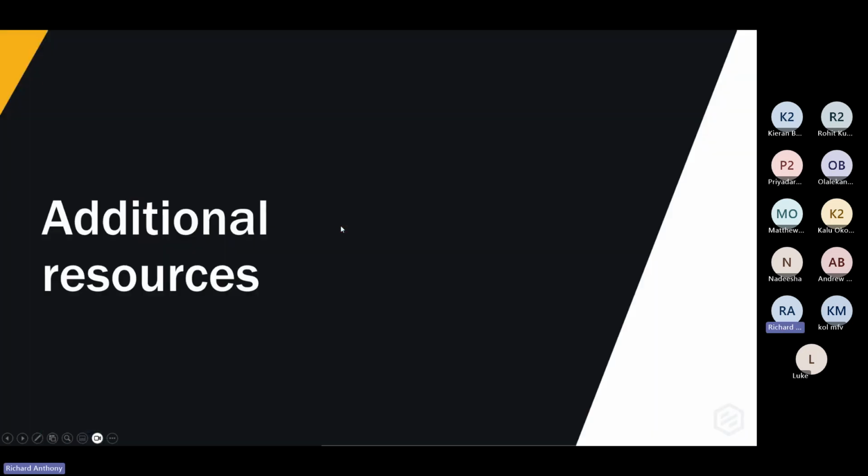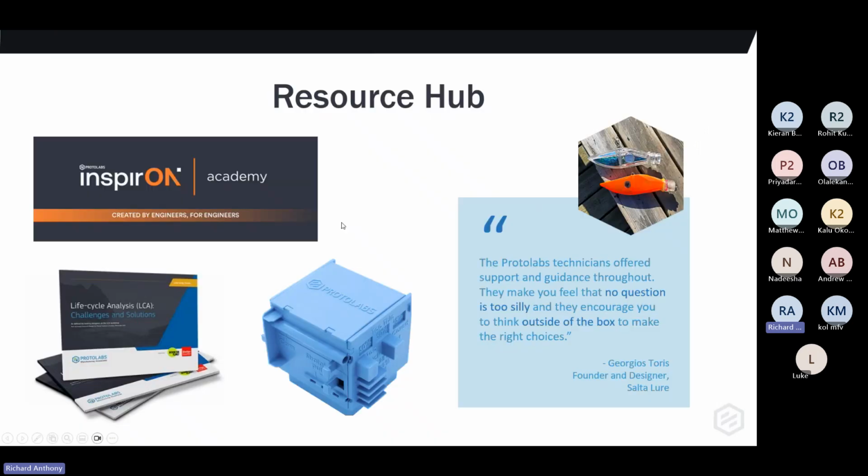And then just finally, I'm just going to talk a little bit about the additional resources we have. So within our website, we have something called Inspiron Academy, and this is some online training. It's CPD accredited, and this is some training that is giving a kind of basic foundation of all of our manufacturing processes and how they work. And this is something that is free of charge.